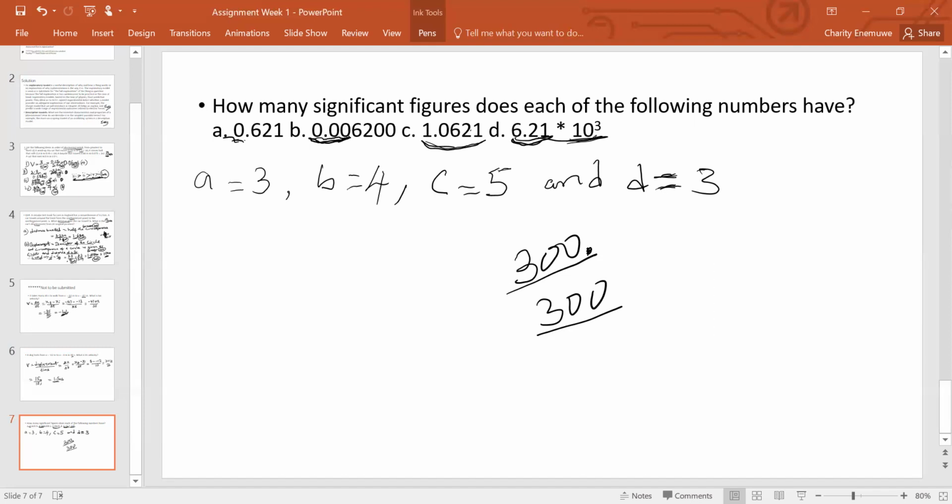Decimals in a figure, whether appearing in front or at the back, make the trailing zeros count, while the leading zeros would not count. So in this case we will have 3 significant figures, but in this case we will have 1 significant figure. This one has the dot that helps define or make the trailing zeros count, but this one does not.